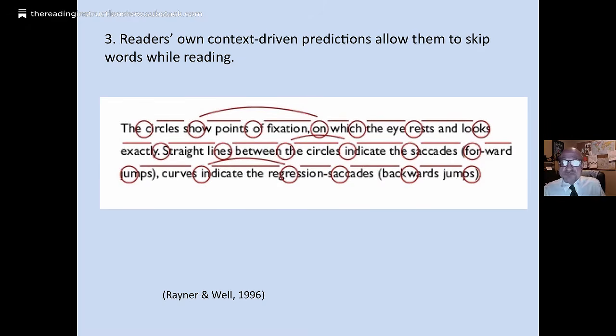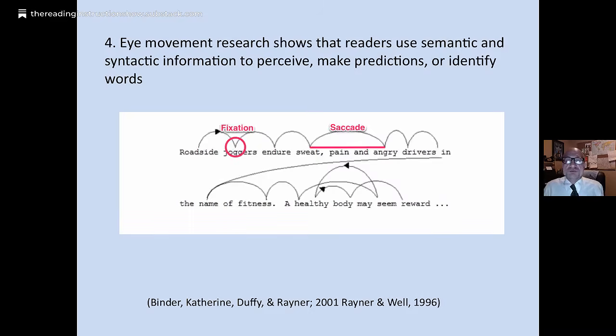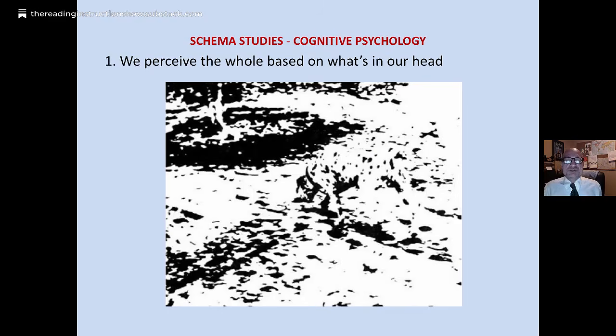Our brain simply fills in the blanks to make us seem like we have actually read every single word or perceived every one. So eye movement research shows that readers use semantic and syntactic information to perceive, make predictions, or identify words during the act of reading whole, complete texts.